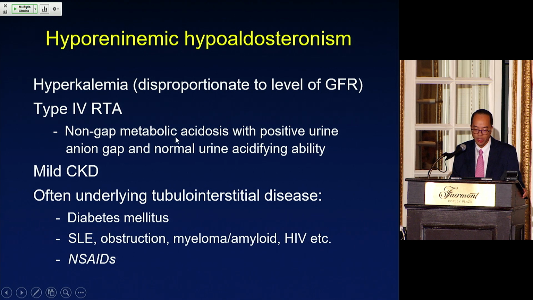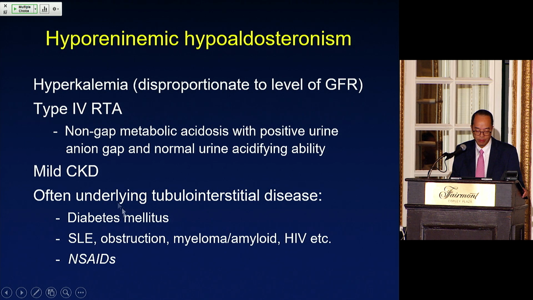They also have a non-gap metabolic acidosis with a positive urine anion gap, but normal urine acidifying ability, meaning their urine pH can be lowered below 5.5. But this is usually a minor part of their clinical picture. They have mild CKD, okay? If they have advanced CKD, then obviously the hyperkalemia is just due to low GFR.